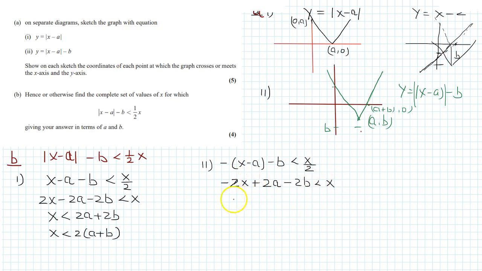So let x come this side. So minus 2x minus x, and let it go this side. So this is 2b minus 2a. So minus 3x is less than 2 times b minus a. Divide both sides, so this sign will change.